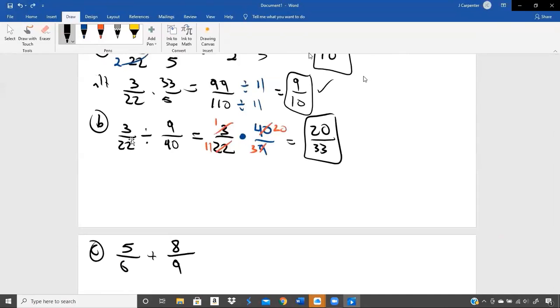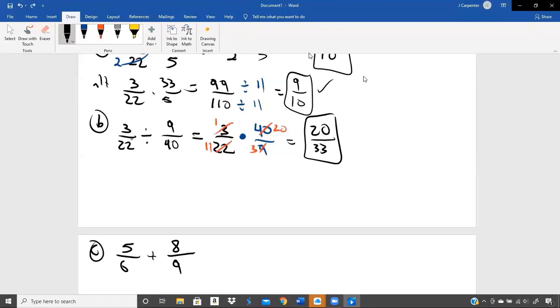In fact, any multiple of 18 would be a common denominator for this. So 18 is a common denominator. 36 is one. 54 is one. 180 would be one. 90 would be one. There's all sorts of common denominators I can use that will ultimately get the answer right, but you'll be dealing with bigger numbers. It'll be more of a pain to reduce, which is why we suggest using the least common denominator.